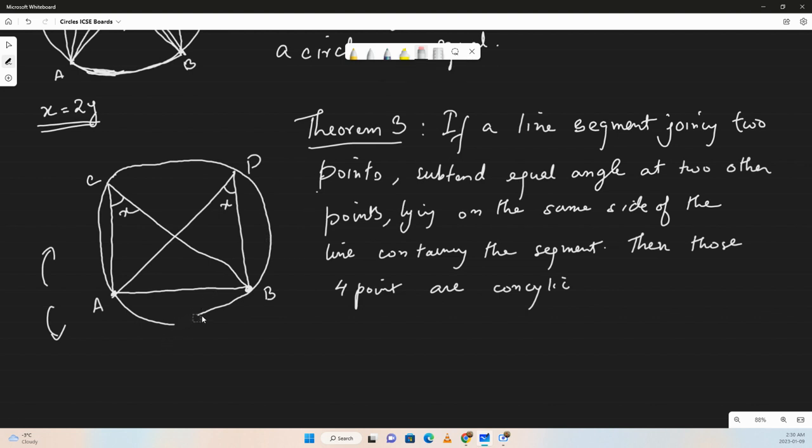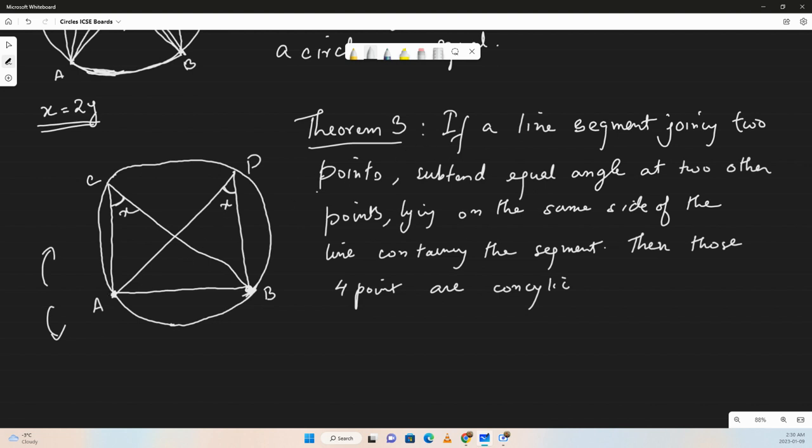That is what the theorem says. And if you notice carefully, this is the converse of what we talked about in the previous theorem, right? In the previous theorem we said that any line segment will subtend equal angle at the circle. So if this arc is subtending equal angle at two points, then those 4 points are lying on the circle. So that is what theorem 3 says.